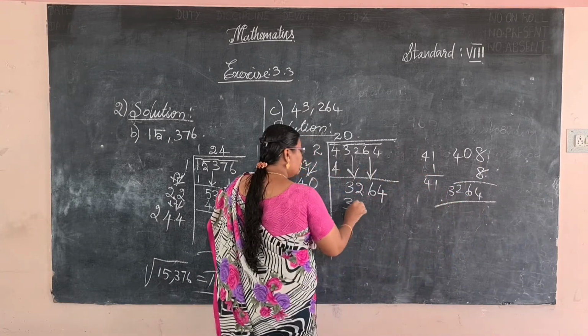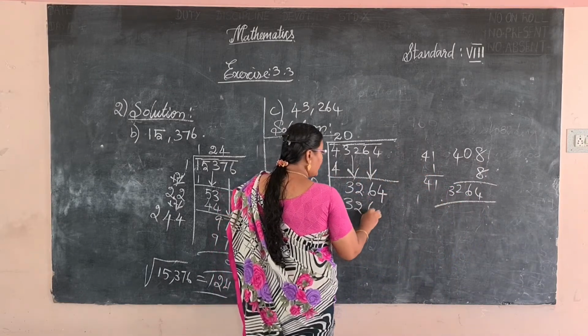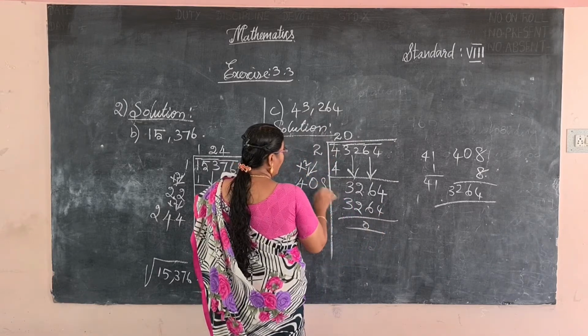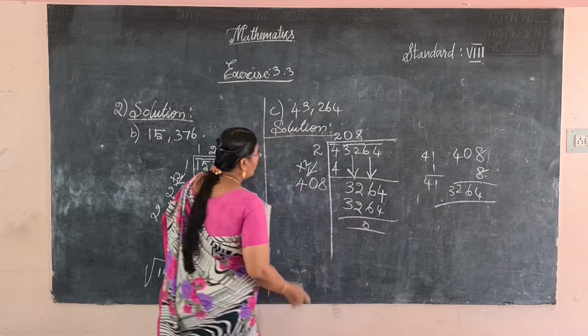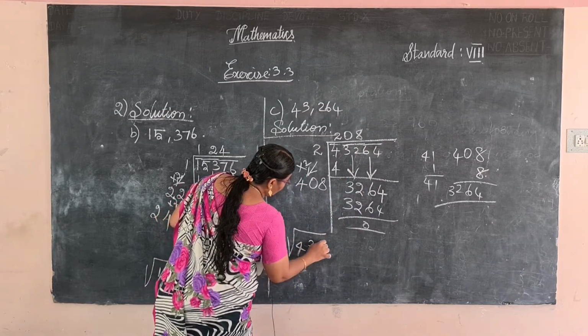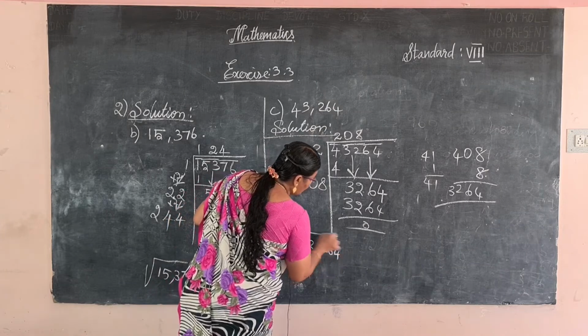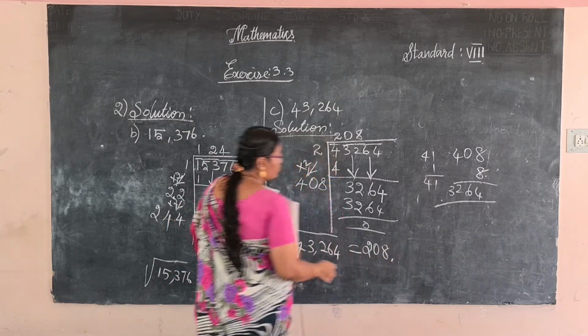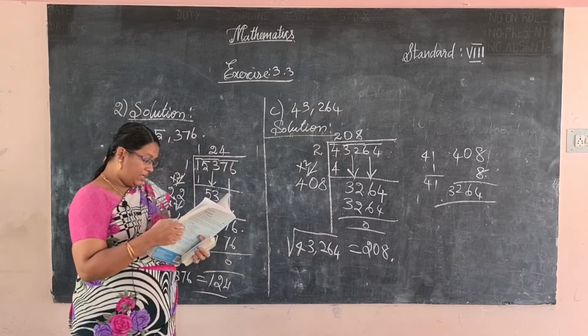Now we get 3264. So the square root of 43,264 is equal to 208. 208 is the answer.